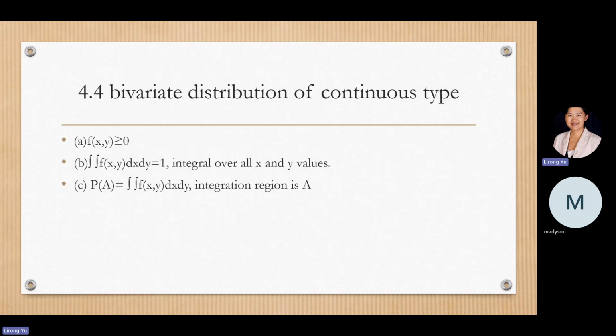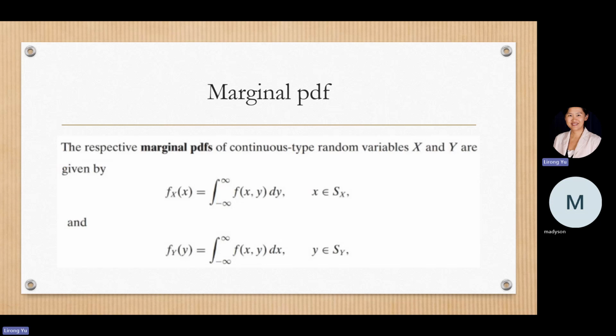And then 4.4 is bivariate distribution of continuous type. In this case, we're not able to calculate the probability of an individual case. We actually calculate a density function for it, and then we integrate the density function to get the probability of any integration region. The total probability on the entire domain should equal 1, which is a requirement for the density function.